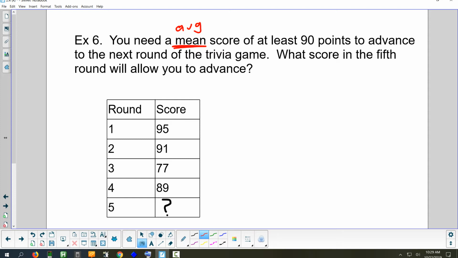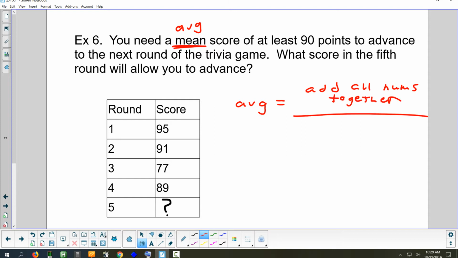Isn't that all of them added up and then divided by the number? Yeah. So remember, average is add all numbers together, and then divide by how many you have.